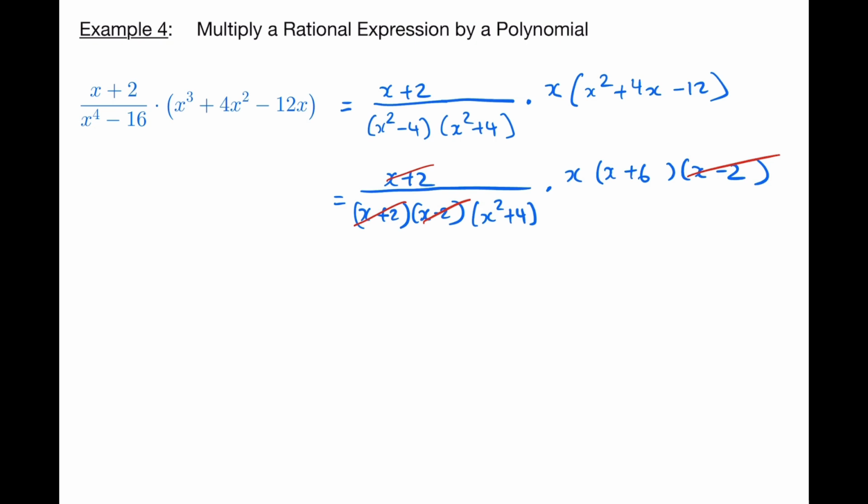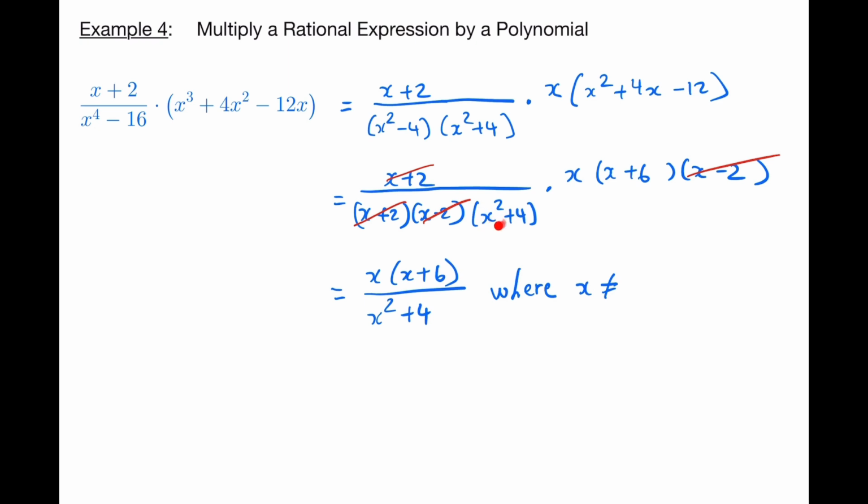And then what's remaining is x times x plus 6 over x squared plus 4. Then the last step is to identify the domain. So where x cannot equal -2 and positive 2.